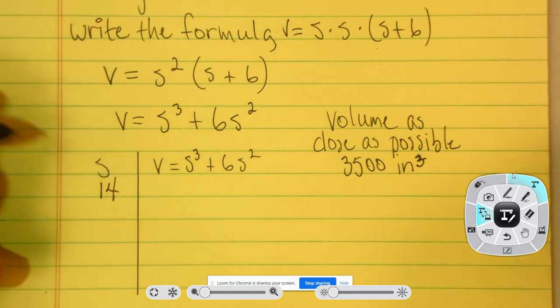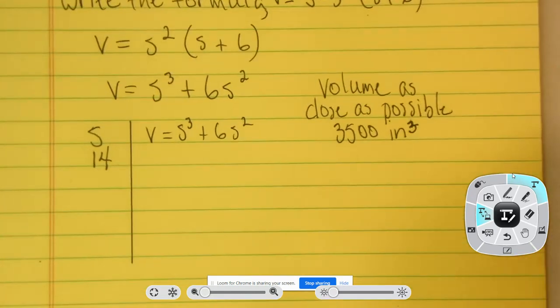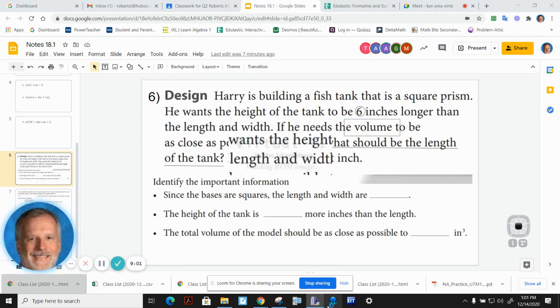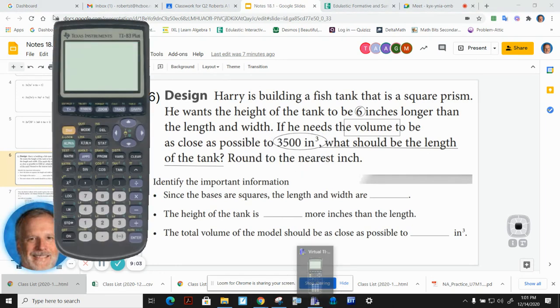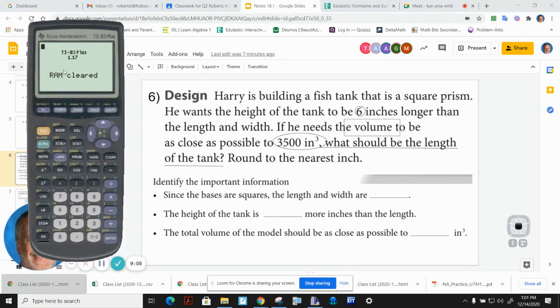It's kind of a shot in the dark here. I'm just seeing what's going to happen. What's my volume going to look like when S is 14? I'm simply using my graphing calculator, and that's what I would do if I were you, because the math here is a bit sticky.